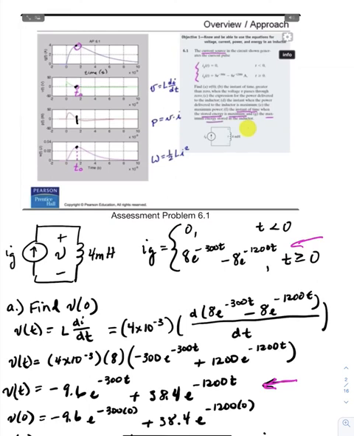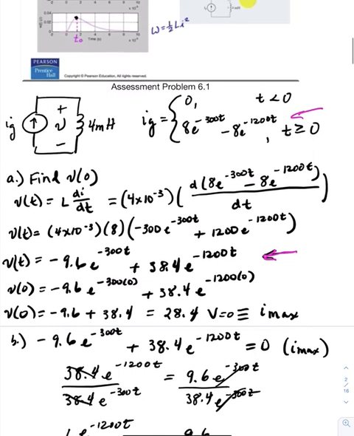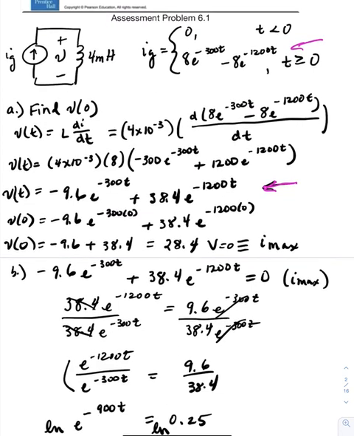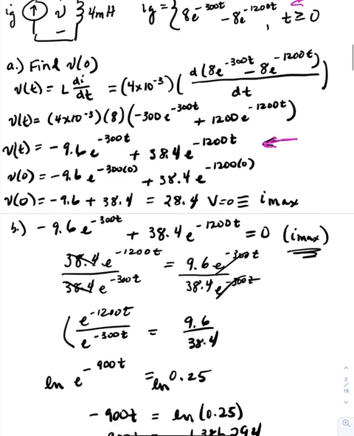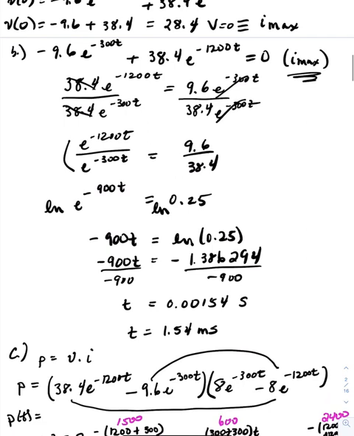And it is maximum when current is maximum. So for inductors, energy is at the maximum level when current is at the maximum level. So we found the maximum current in part B is at t equal 1.54 milliseconds.